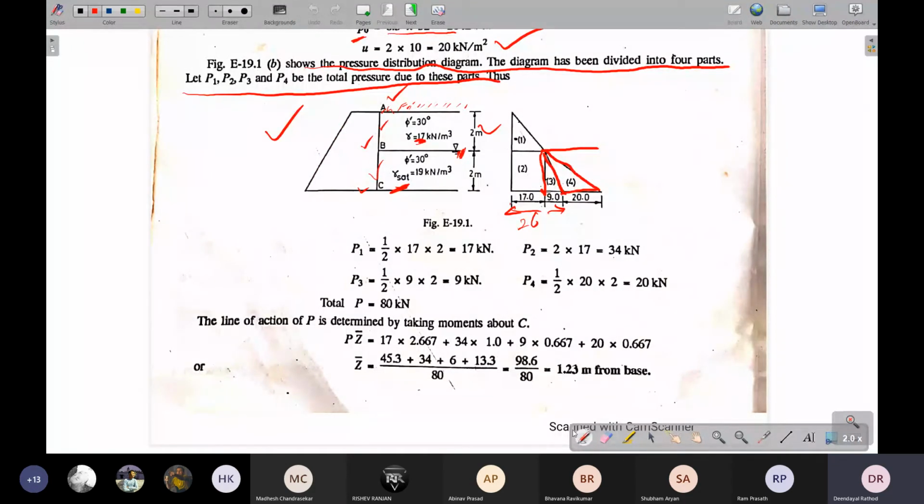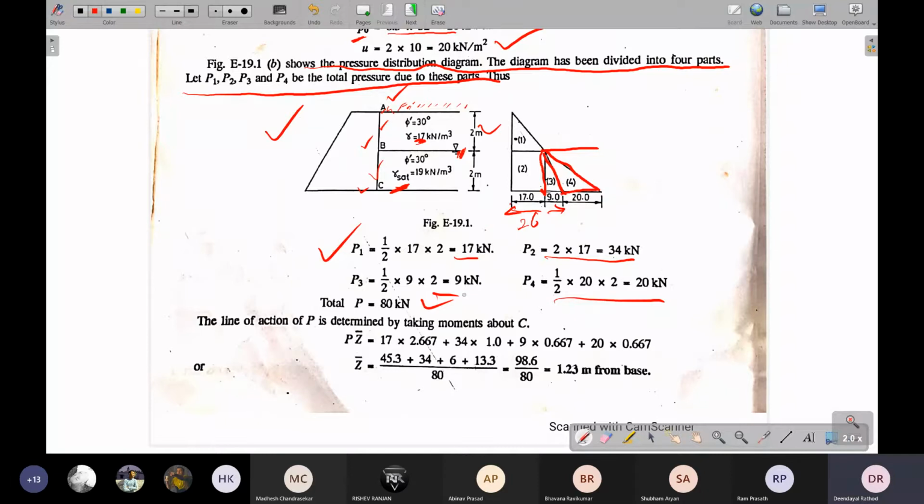How we can find out: all triangles, rectangles, everything is there. Triangle is half into base into height. Half base 17 into height 2, you will get 17. This is the rectangle, 2 into 17. Half into base into height. Okay, total is 80.